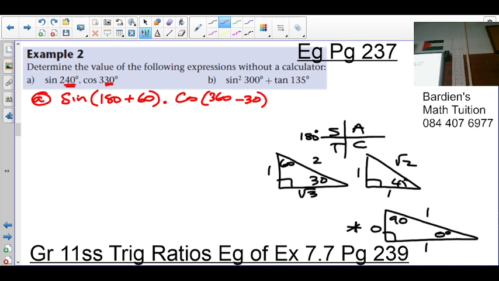You all understand? So what do I do now? 180 plus is in the third quadrant. Is sine positive or negative in the third quadrant? Negative. So it's negative sine 60 times cos of 360 minus 30. Which quadrant is it in? Quadrant 4. Is cos positive or negative? Positive. Cos 30.